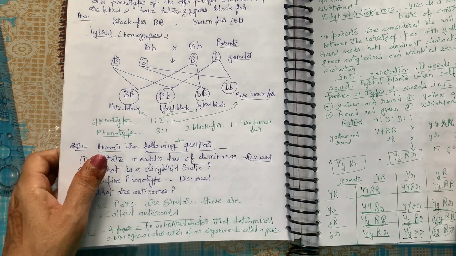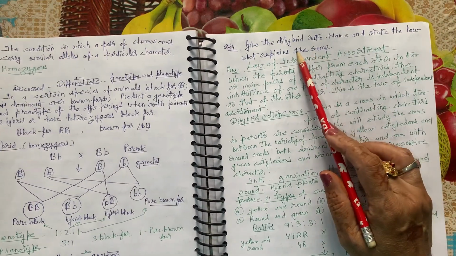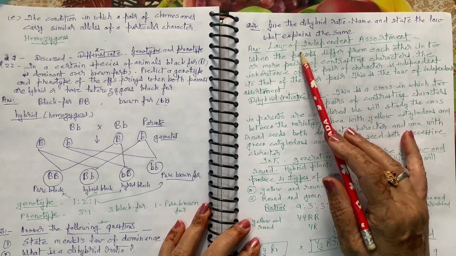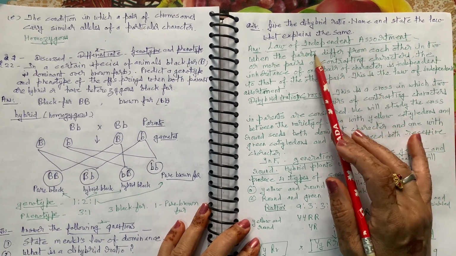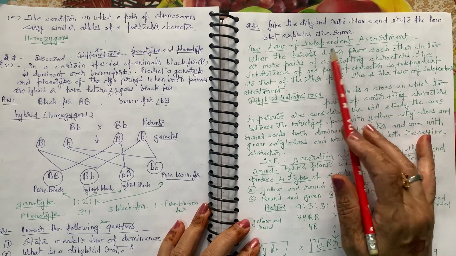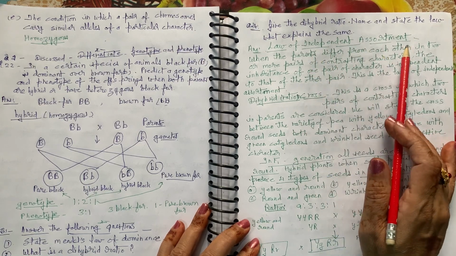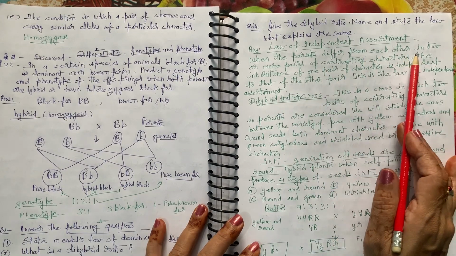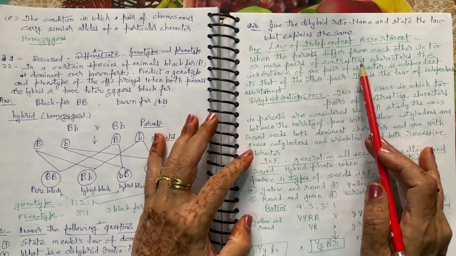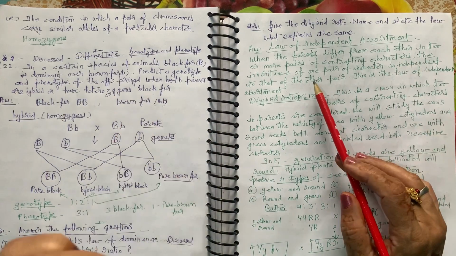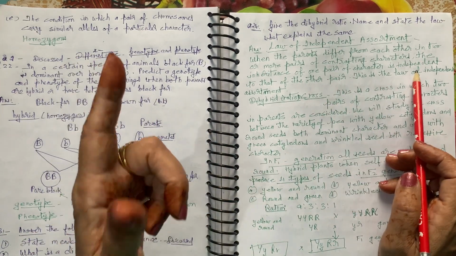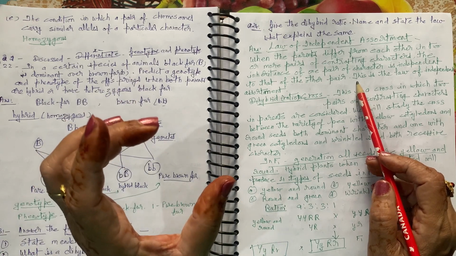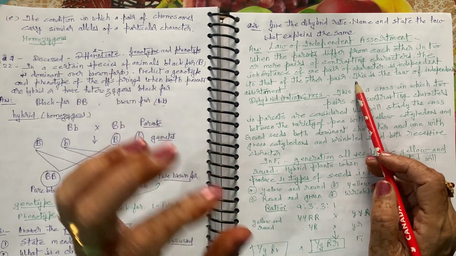Now, the dihybrid ratio. Give the dihybrid ratio name and state the law that explains it. The law that explains it is the law of independent assortment, which we already discussed. When the parents differ from each other in 2 or more pairs of contrasting characters, the inheritance of one pair of characters is independent of that of the other.